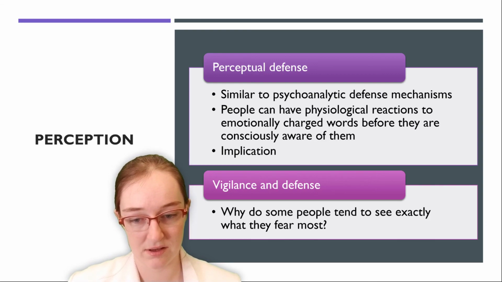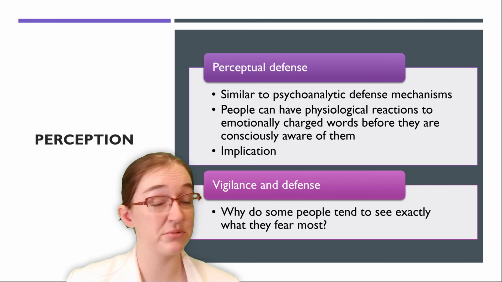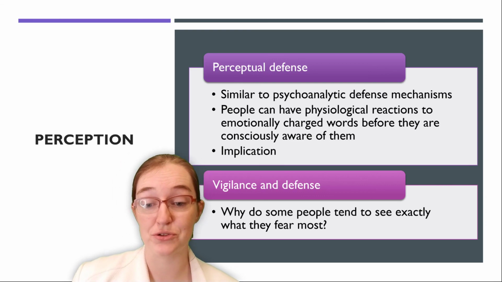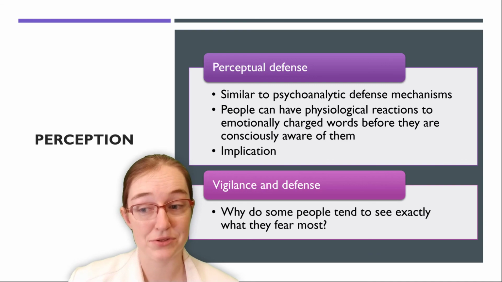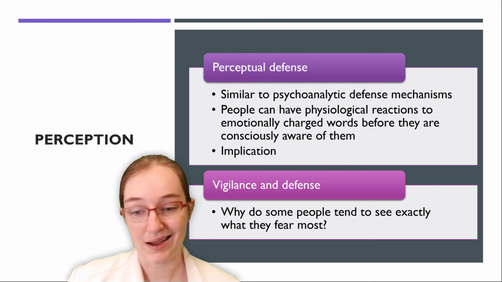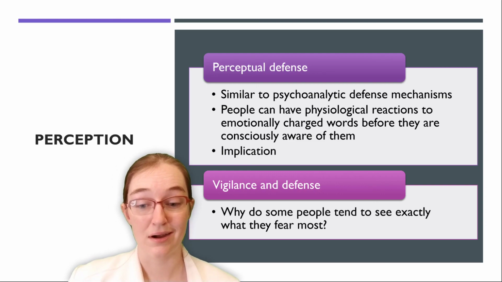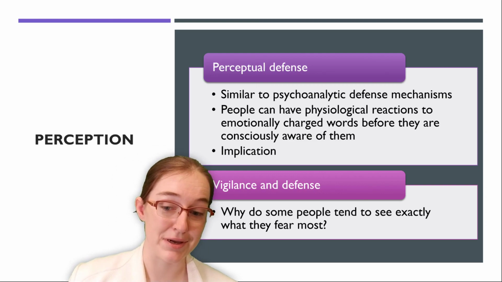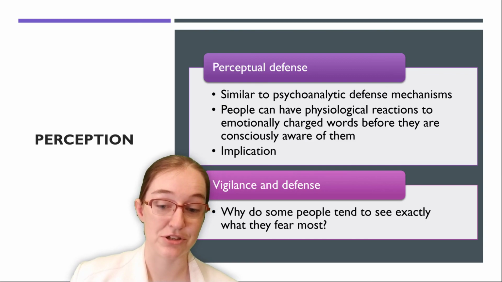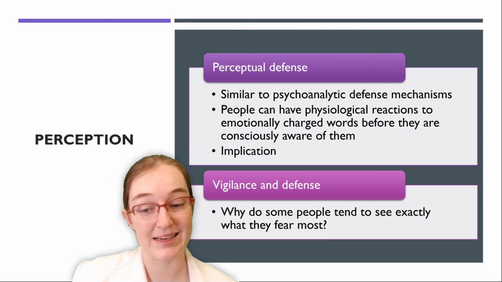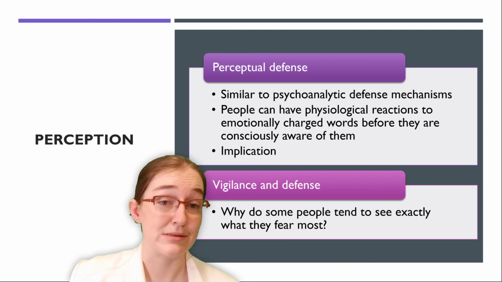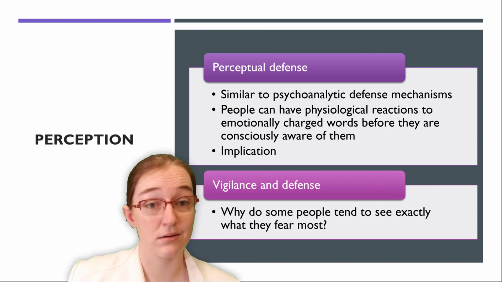Their defense mechanisms might not work well enough to just block out those super stressful things, so they perceive the threatening stimulus consciously. Now, people do differ in the degree to which they are perceptually vigilant versus defensive. That's an individual difference, folks, right there.